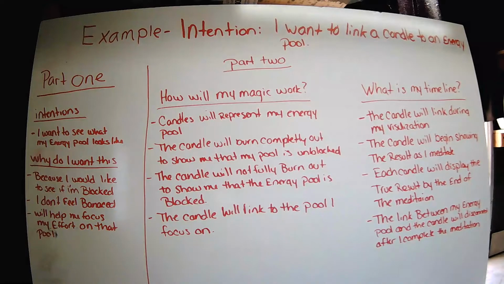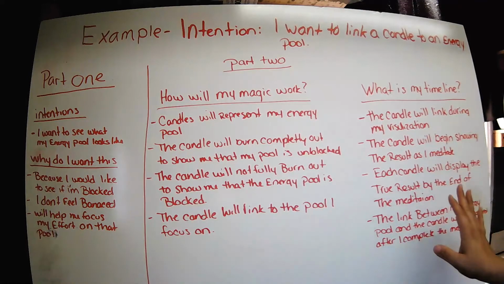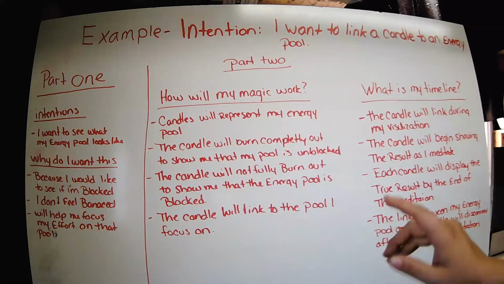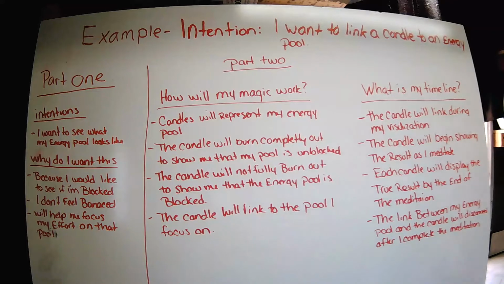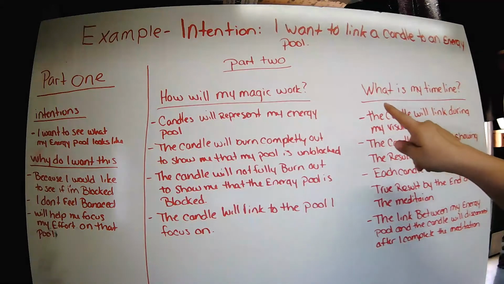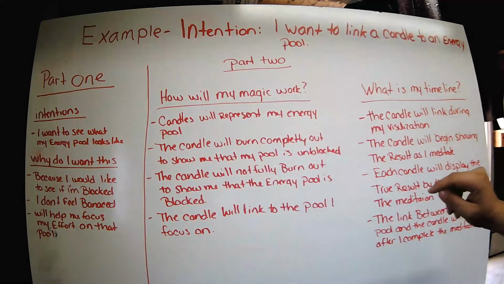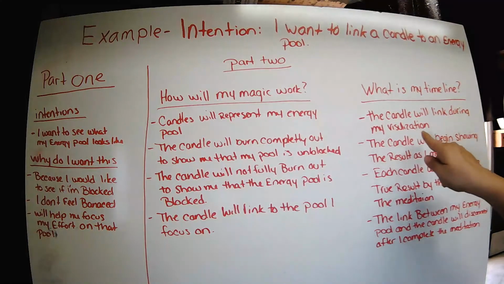So we're going to go back to my example here. We'll move into the second part of part 2. What is my timeline? Going back to the energy results that I want from the candle in my candle magic spell, I want the timeline to look like this. The candle will link during my visualization.